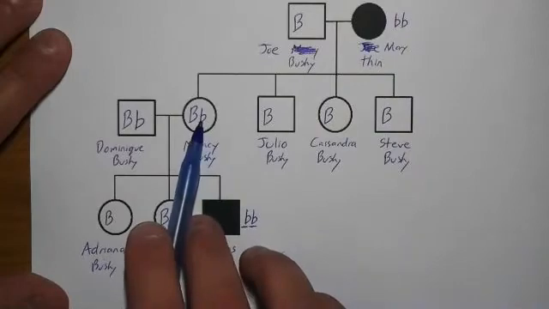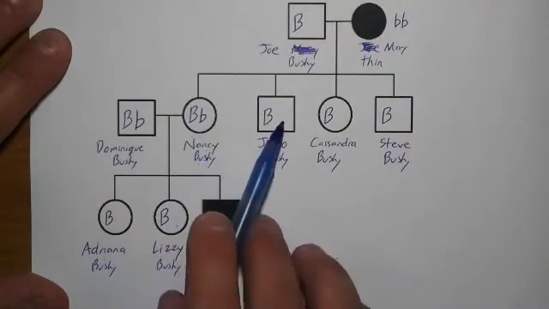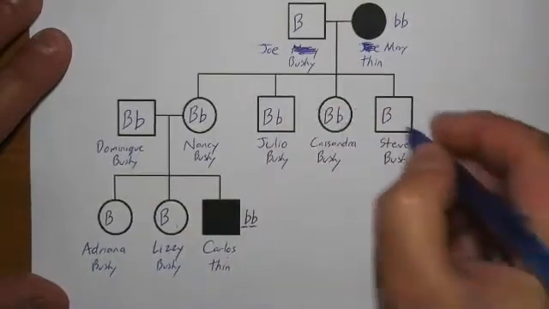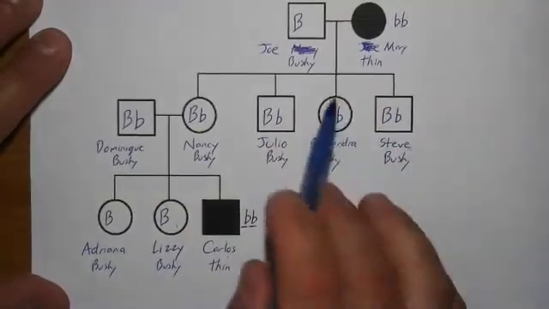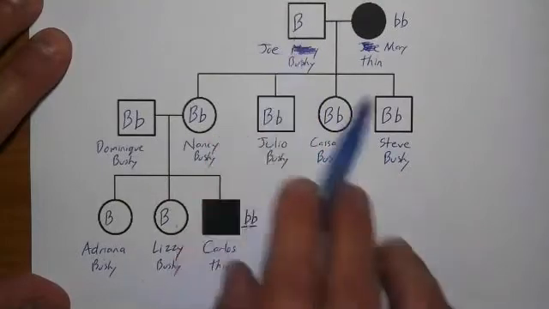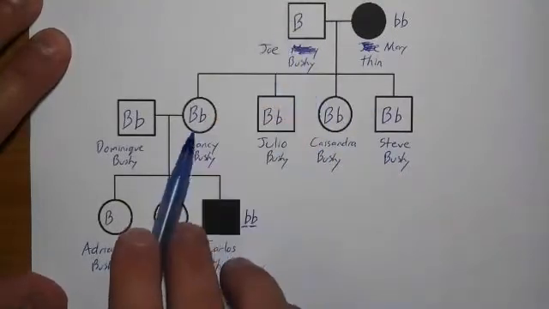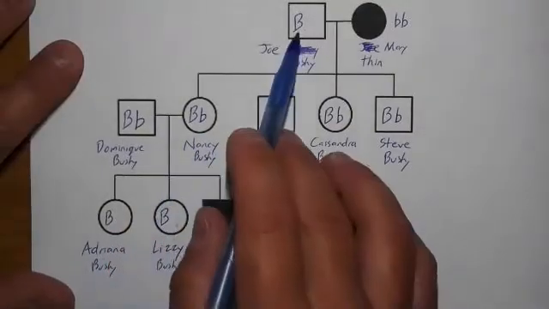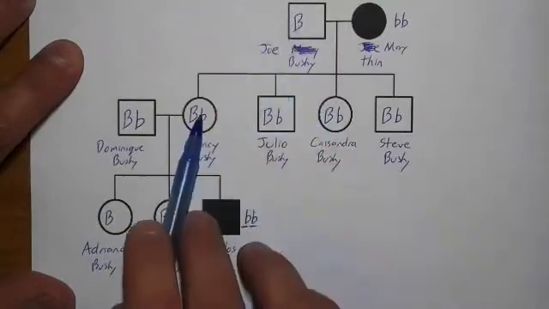So obviously she gave that little b to Nancy, but she must have also given a little b to Julio and to Cassandra and to Steve. So that means that the big B must have come from their dad, Joe. Big B, big B, big B, big B. Now, here's the thing. I can't guarantee it, but if he gave a big B 4 times out of 4 times, that's pretty much 100%.